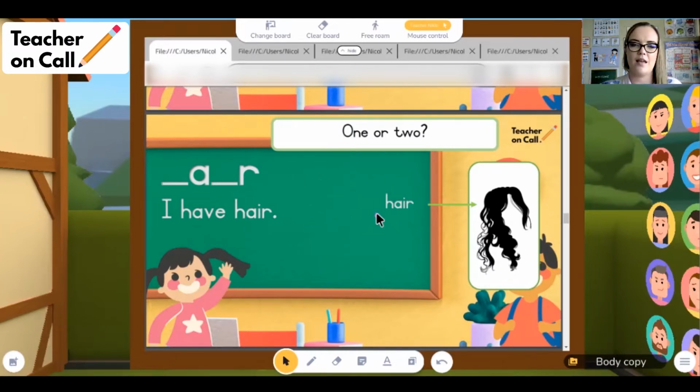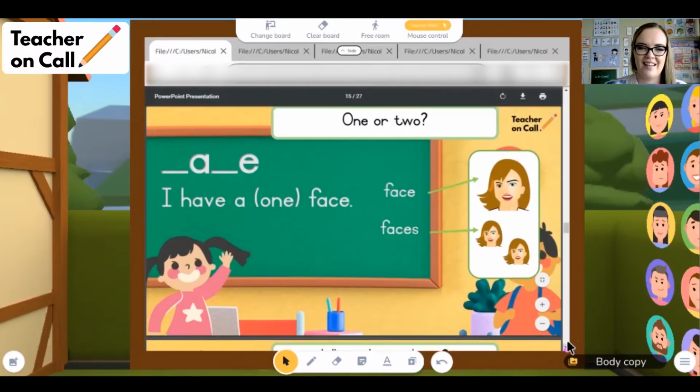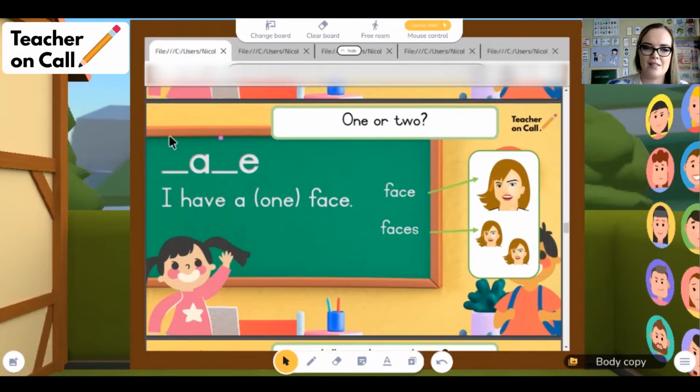We just say, I have hair. And then how many faces do you have? I have a face. Please go and write face on your worksheet.